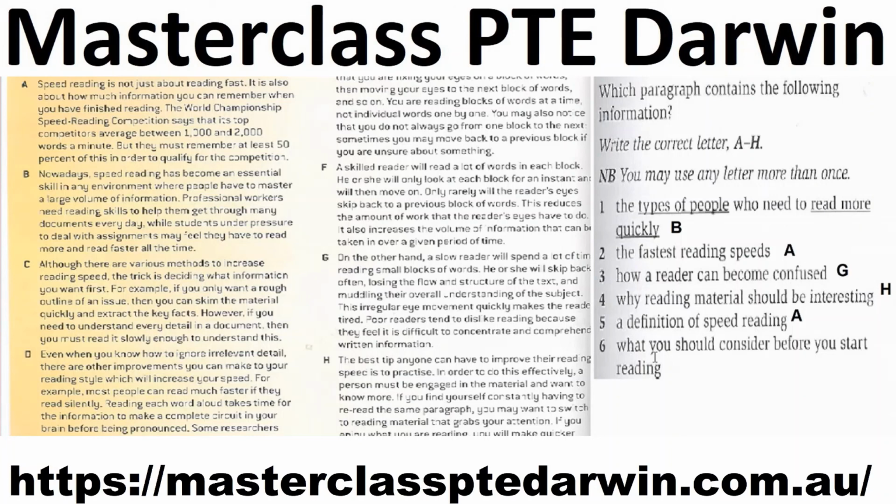C. Yes. So it's C, what you should consider before you start reading. Although there are various methods to increase reading speed, okay? So what information do you want first? The trick is deciding what information you need first. So consider before you start reading. So that means first preference. For example, if you want a rough outline, then you skim the material. Yeah, correct.